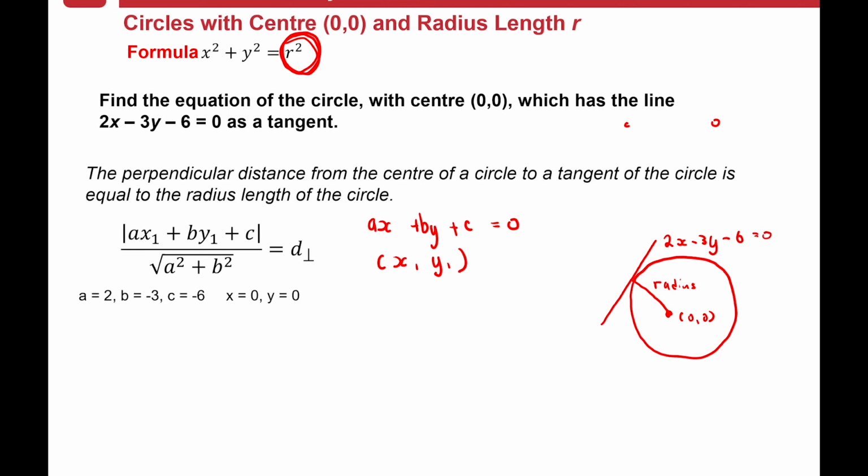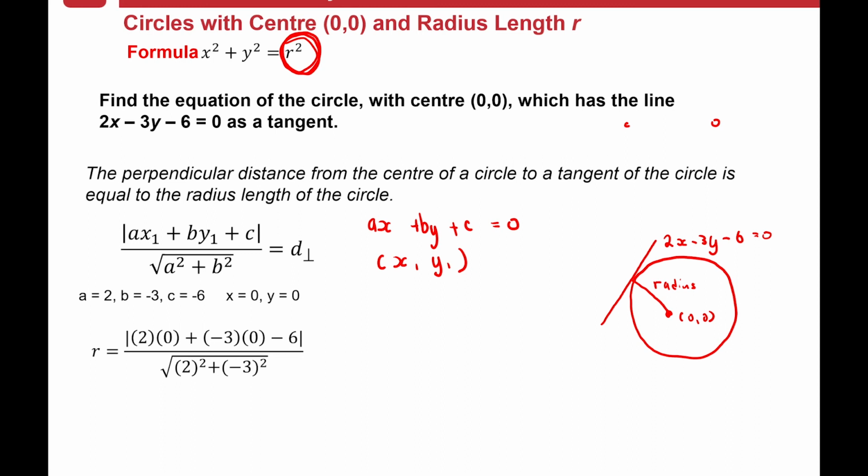In our case, a is equal to 2, b is equal to minus 3, c is equal to minus 6, x is equal to 0, and y is also equal to 0. Substituting these points into my equation for the perpendicular distance between a line and a point, I will find my radius.